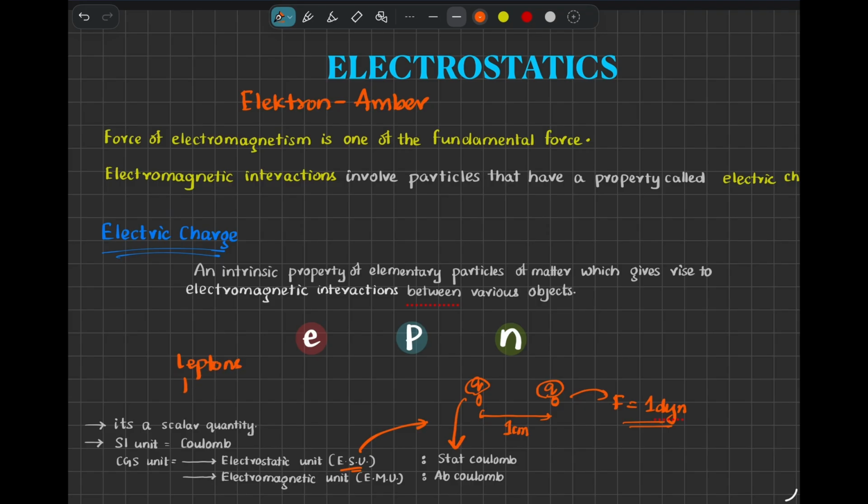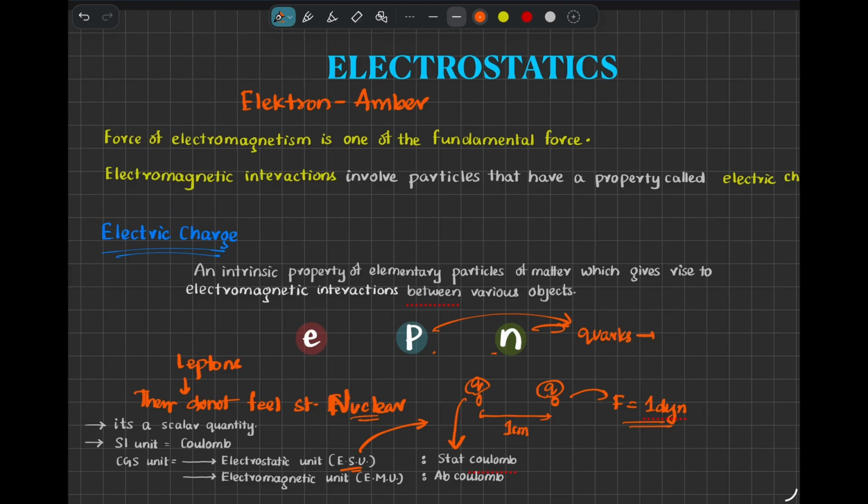This is an important property: they do not feel the strong nuclear force, whereas protons and neutrons do feel the strong nuclear force. These again have constituent particles which we call quarks.